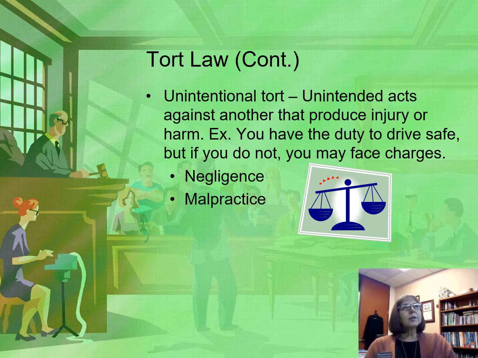There are things called unintentional torts, and these are things that you don't really intend to do, but they produce injury. For example, you have the duty to drive safe, but if you don't drive safe, you could face charges of DUI. You thought you didn't have that much to drink, and you got in a car and you kill somebody or harm someone. So that's negligence and malpractice.